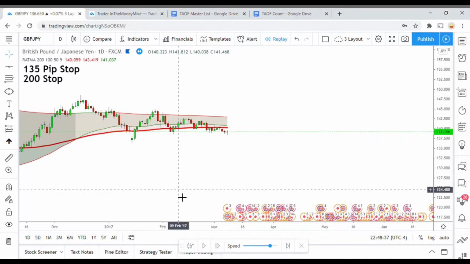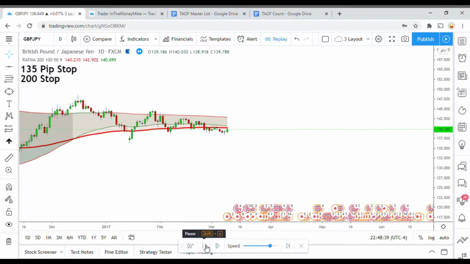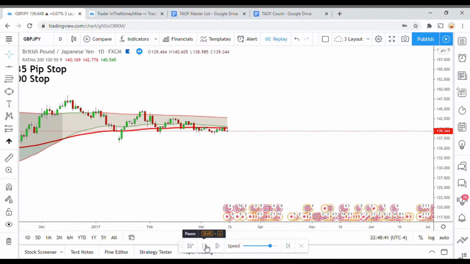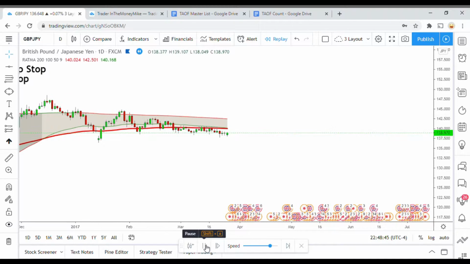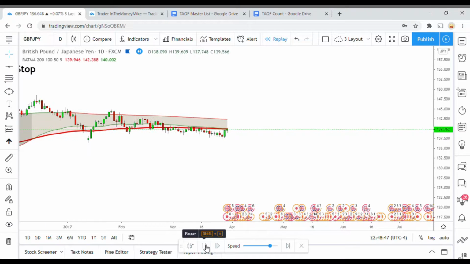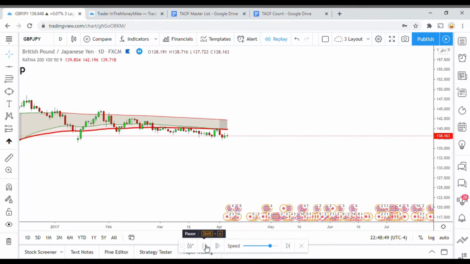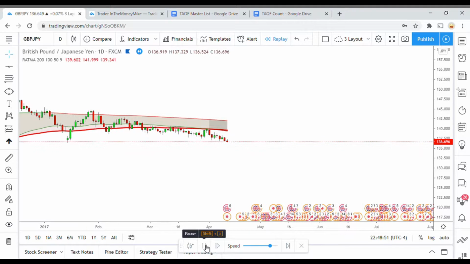Let's see, we see price action trickling its way here, not really making any big moves. Let's see if we can get a solid move out of price action here and determine what exactly it looks like it wants to do.